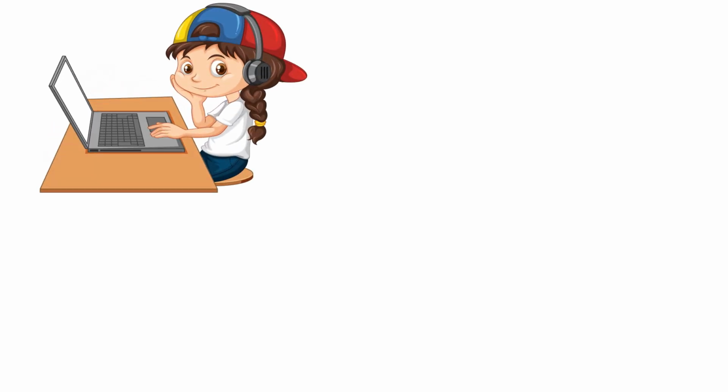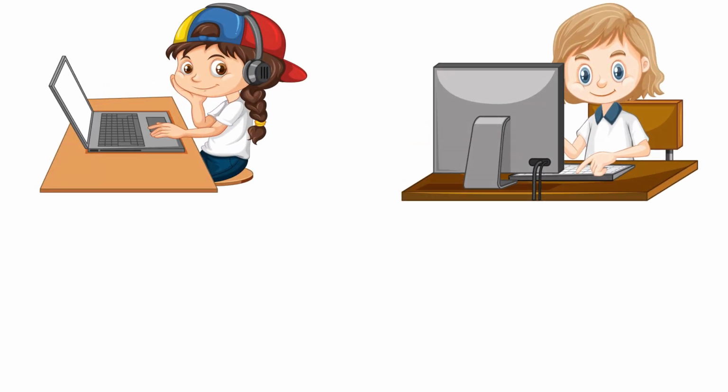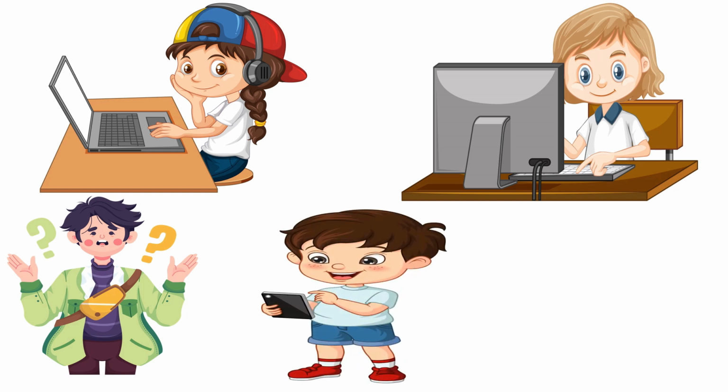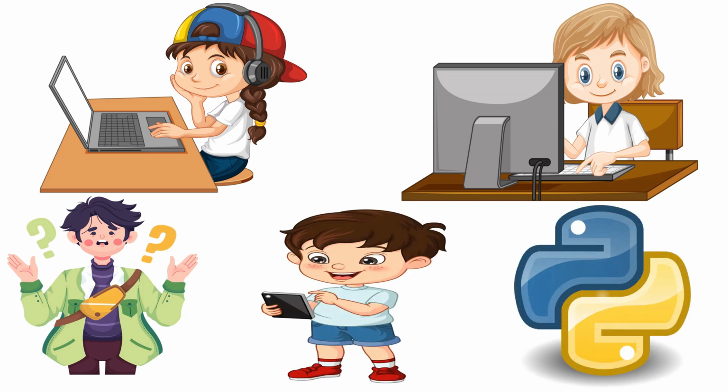Now there is one problem. What if you don't have a laptop or computer? How will you run this lab at your home? Don't worry, I suggest you can use your mobile phone to run some Python programs, or you can use your Android mobile.